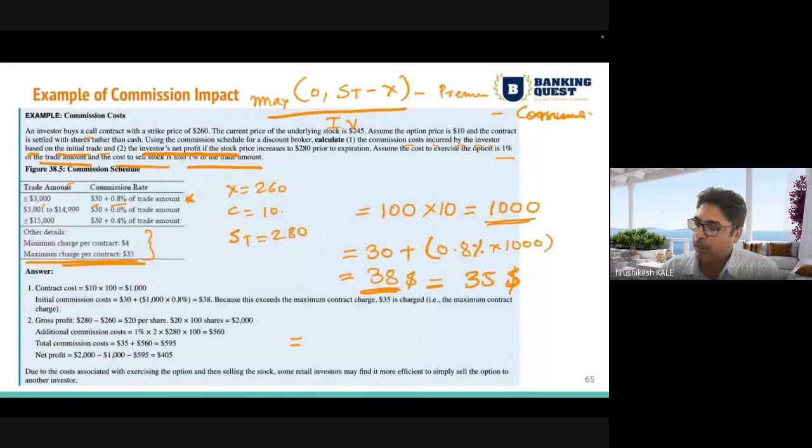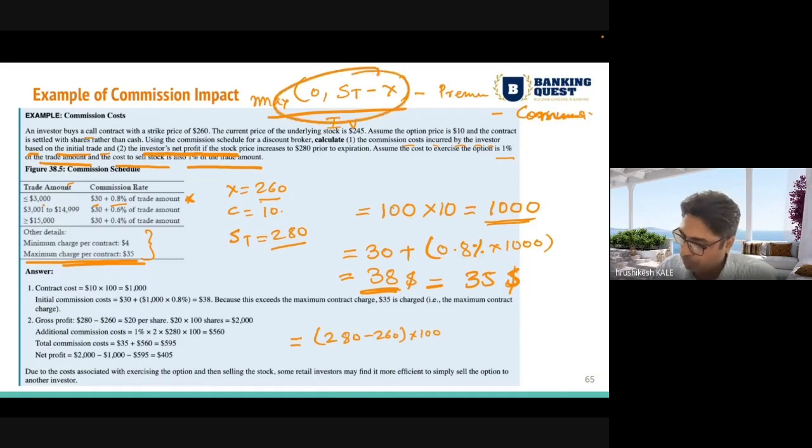Now, let us see. 280 minus 260, multiplied by 100. Why? Because 100 is the lot size. So 20 into 100 comes out to be 2000.